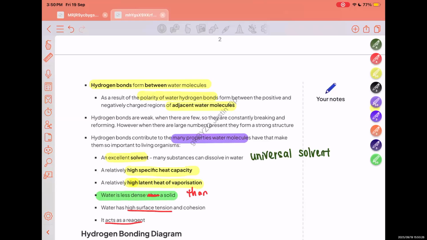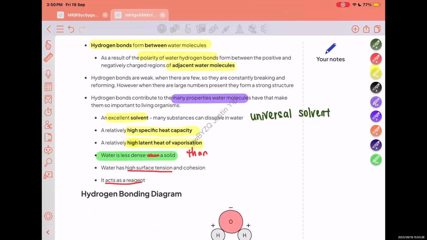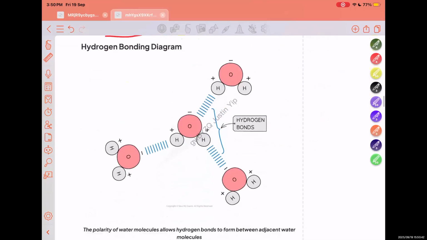Then after that, let's look at hydrogen bonding. This is how we form it. A hydrogen bond is formed between the H on one molecule and the O of another molecule.